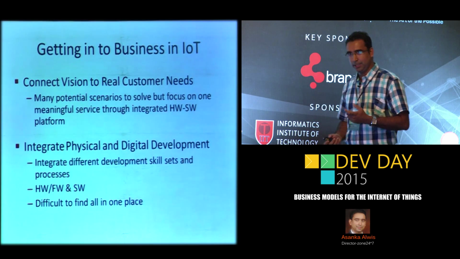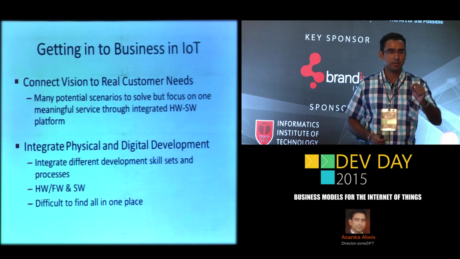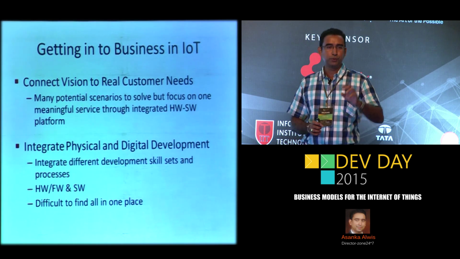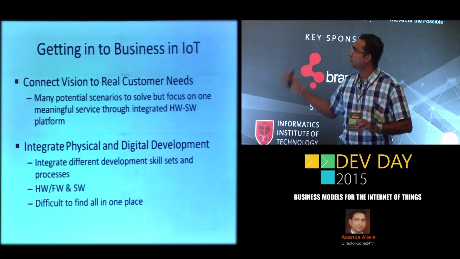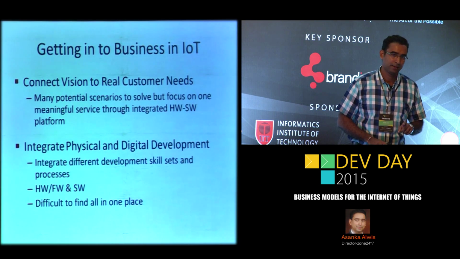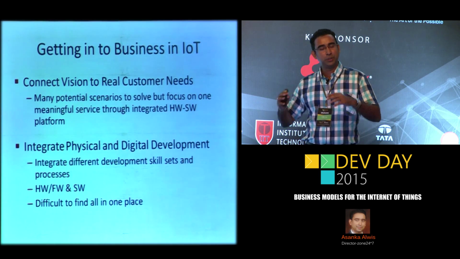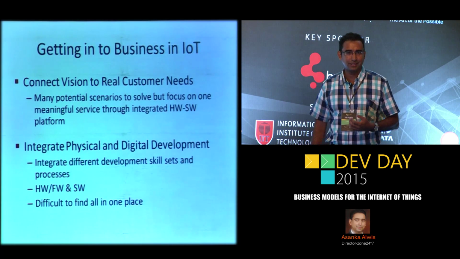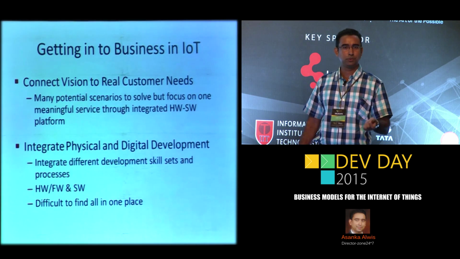But if you really analyze and identify, okay, this is the customer need, and in order to meet that need, if you could think of the options, and because there'll be many potential scenarios to solve, but focus on one meaningful service. That's important because once you evaluate, I'm sure you will come up with a lot of options that you could offer the solution. But you have to think of a meaningful way that you could provide the service.